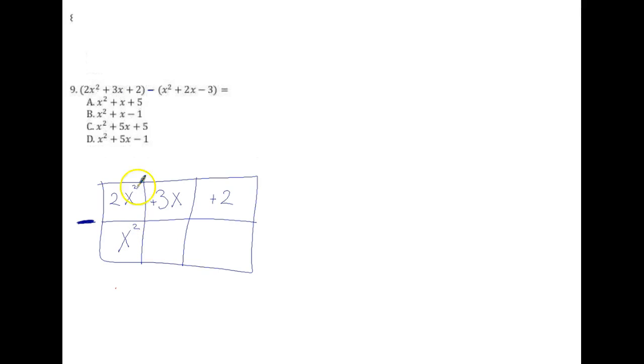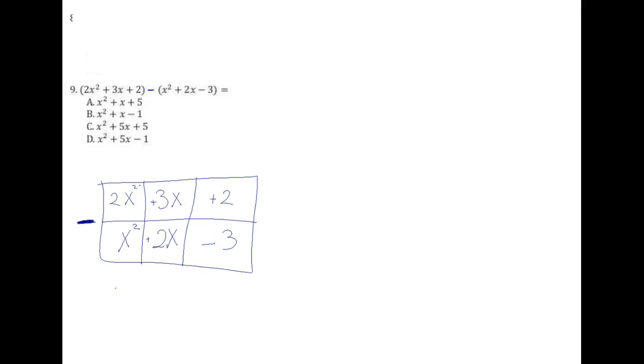Make sure you line them up based on degree. So if this is squared, this has to be the squared. Plus 2x minus 3. So make sure the degrees are matching.